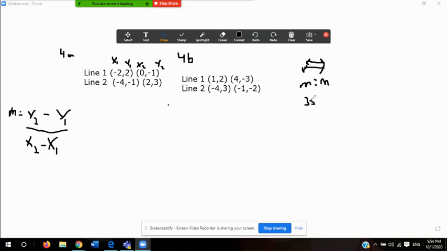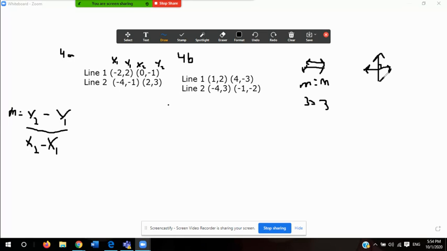Two perpendicular lines are two lines that, when they intersect each other, form a 90-degree angle. That's what the perpendicular line is. Now, in the case of the perpendicular line, the slope is actually the negative reciprocal of the other.